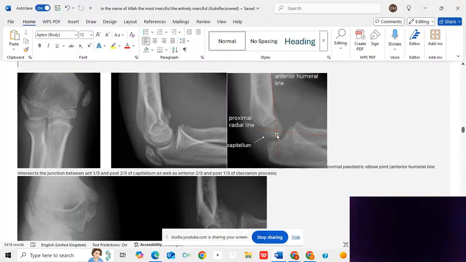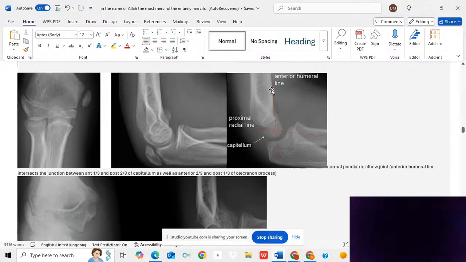It should intersect the capitulum at the junction between the anterior one third and the posterior two third, and it should intersect the olecranon process at the junction between the anterior two third and the posterior one third.